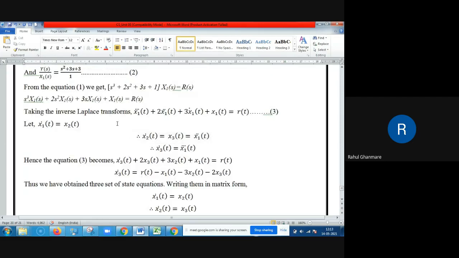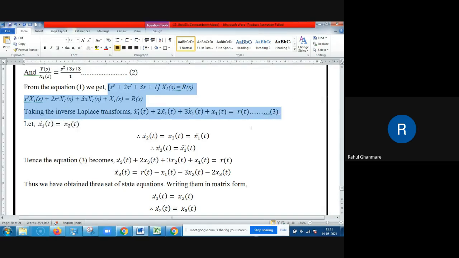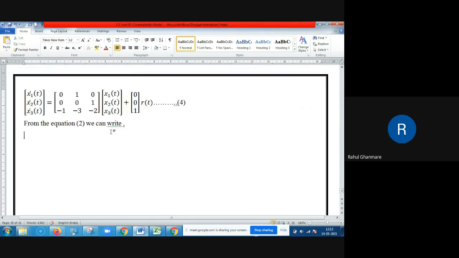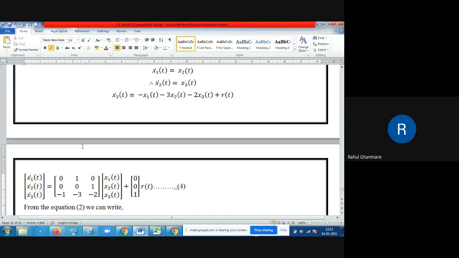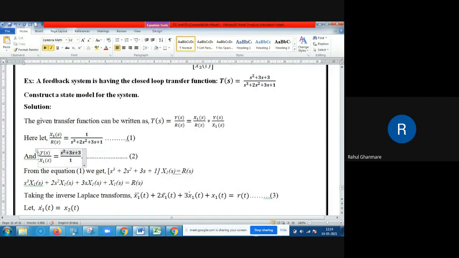I just use this equation again and copy, so that it is easy for me. Okay. So your equation 2 is this one.